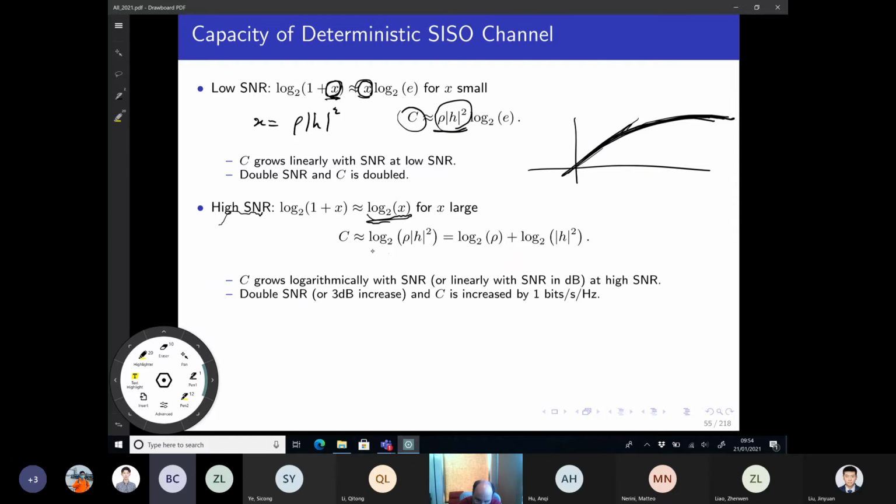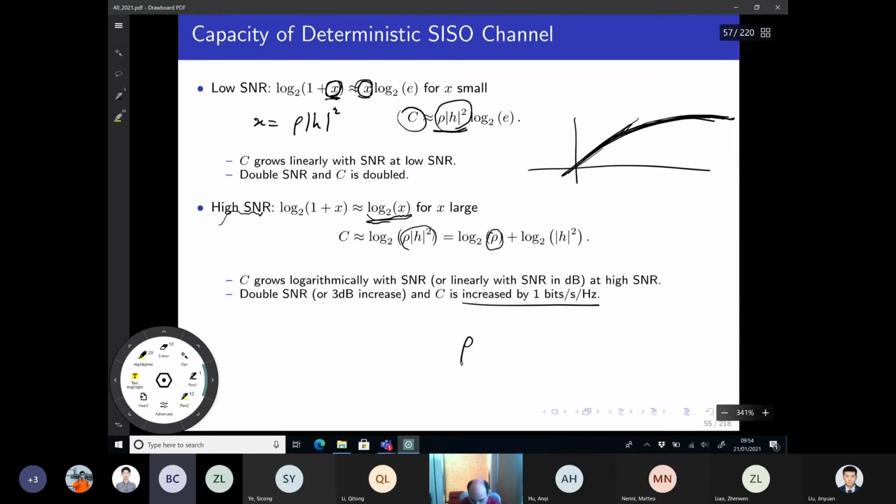What that means is that your log 2 rho plus h squared can be written as a sum of two logs. So if you increase your long-term SNR by a factor of 2, you only benefit from an increase in the capacity by 1 bit per second per hertz.